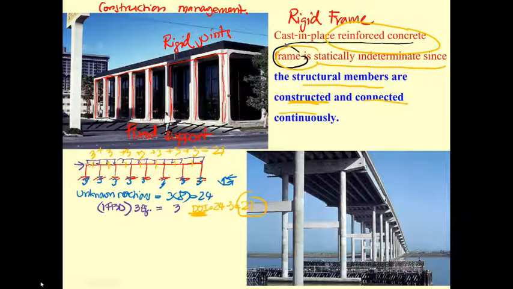Next, we come to the bridge. Not only the building, the bridge also. When we are talking about the bridge, we have this one as its foundation. This is the foundation, and then we have the rigid frame, the whole thing of this. We may call this a rigid frame.